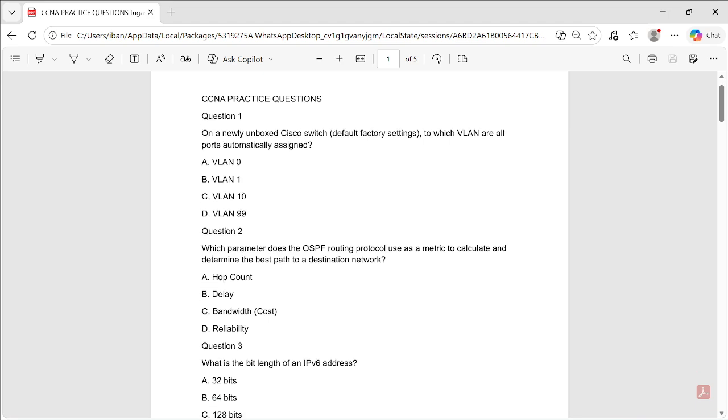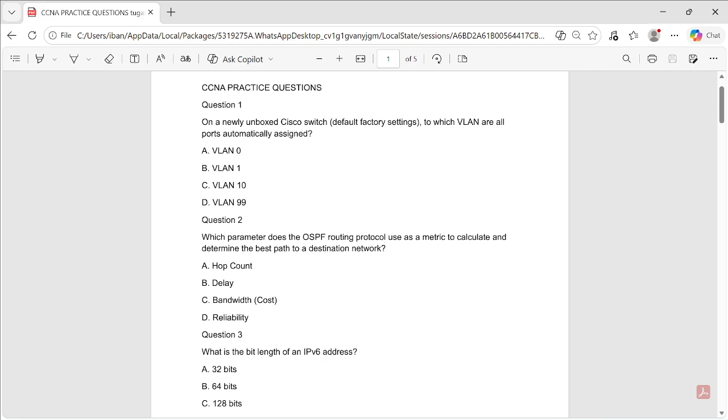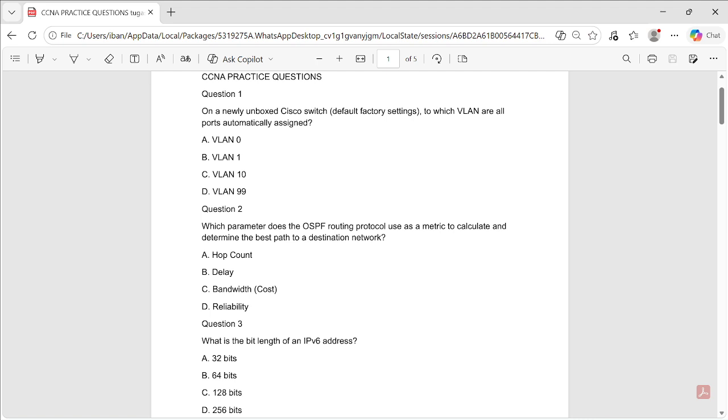Next, question number two: which parameter does the OSPF routing protocol use as a metric to calculate and determine the best path to a destination network? A, hop count; B, delay; C, bandwidth or cost; D, reliability.